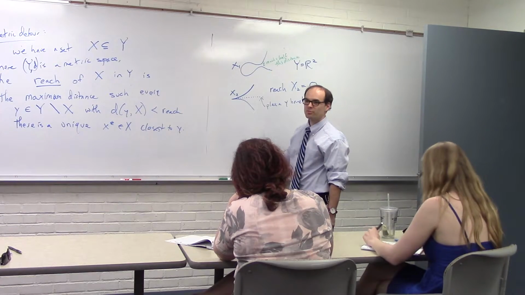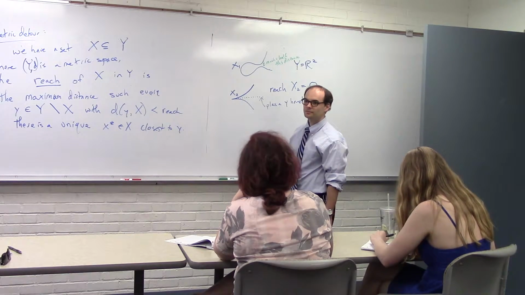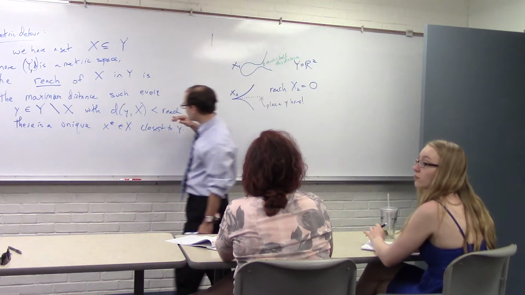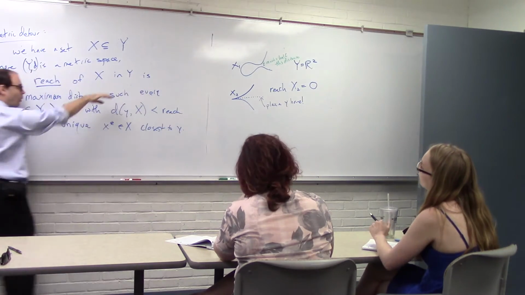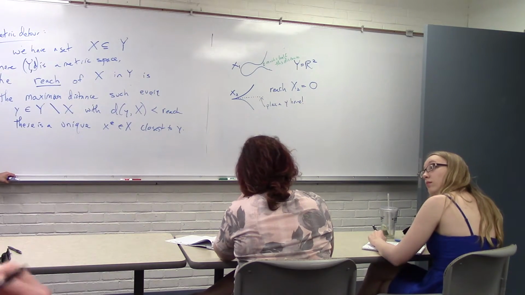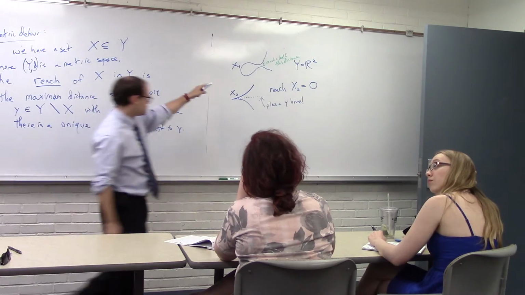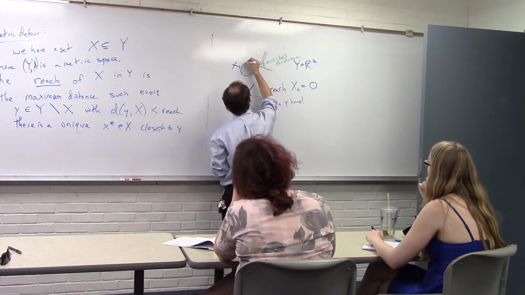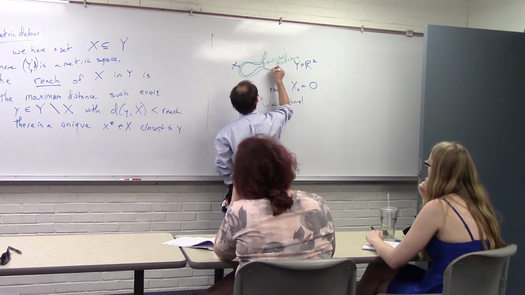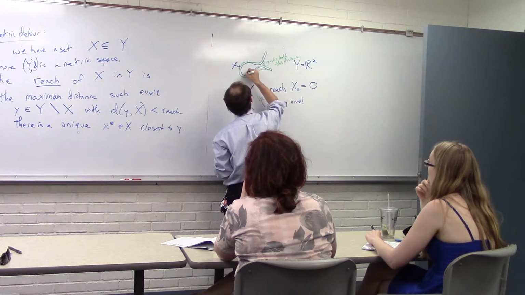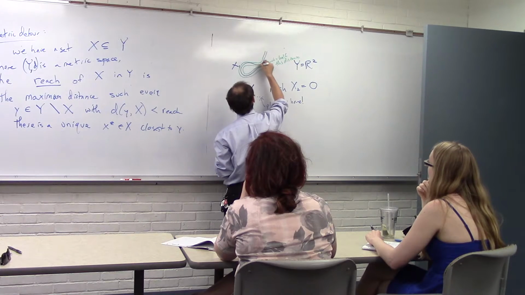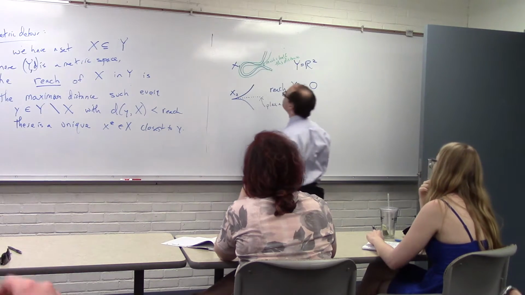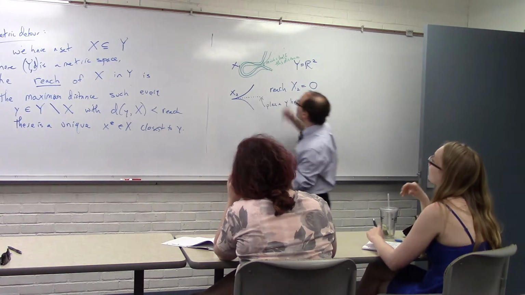So do I have a quantification problem? I have a single reach over all y. This top one here, there is a particular reach, because everyone that I pick within, what is it? Is this conservation such that every y in R2, except deleting that line x1, should be less than the reach?